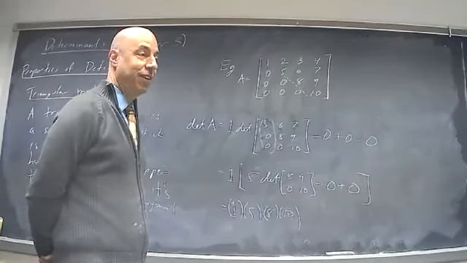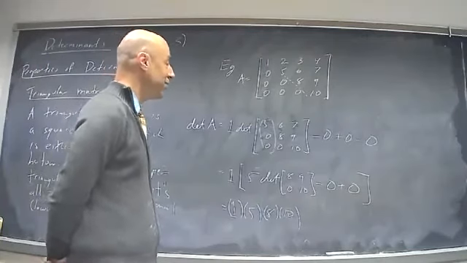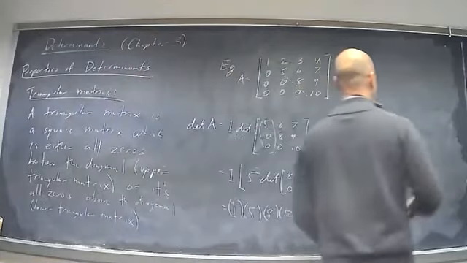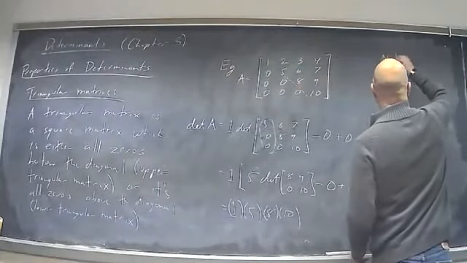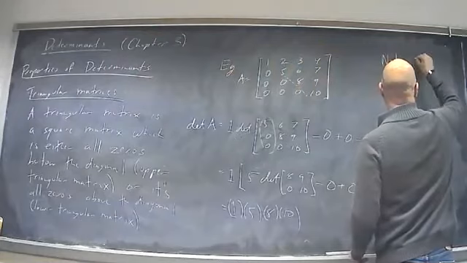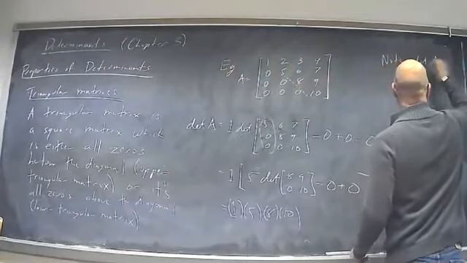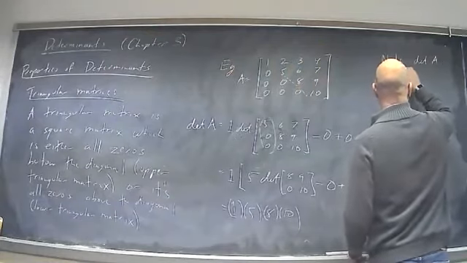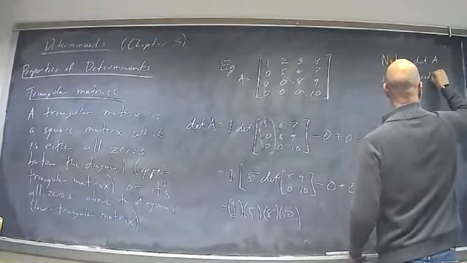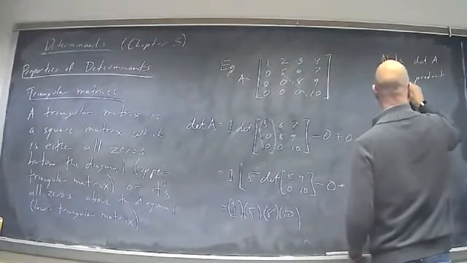The diagonal. Yeah, it's just the product of the diagonal entries. So note, the determinant of A is just the product of the diagonal entries.